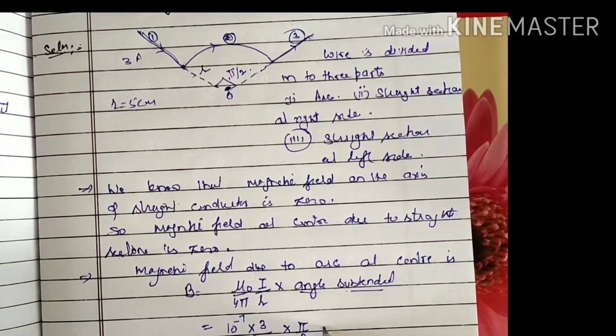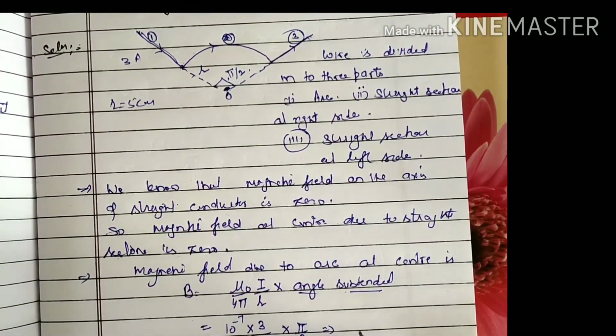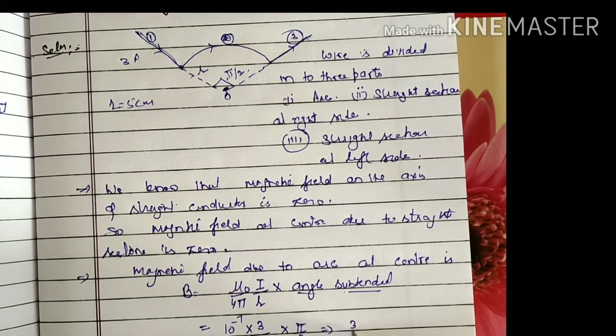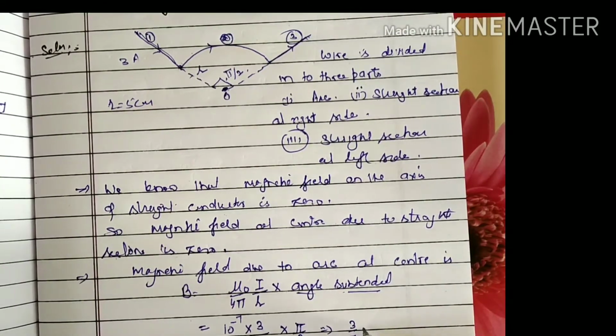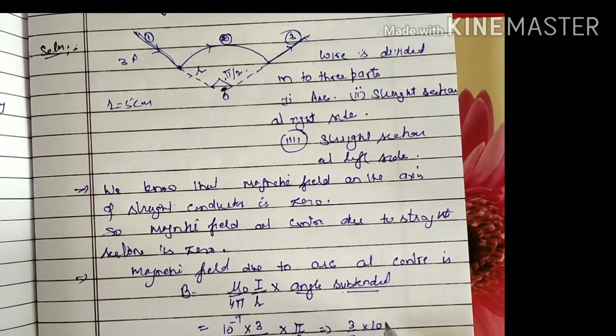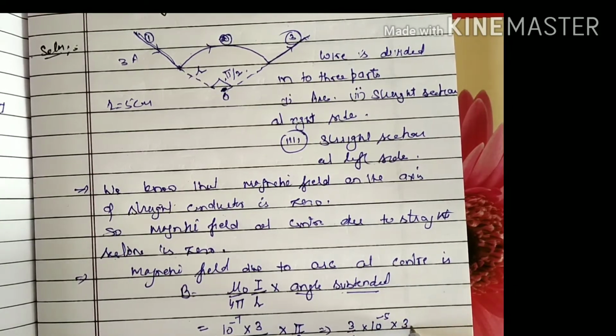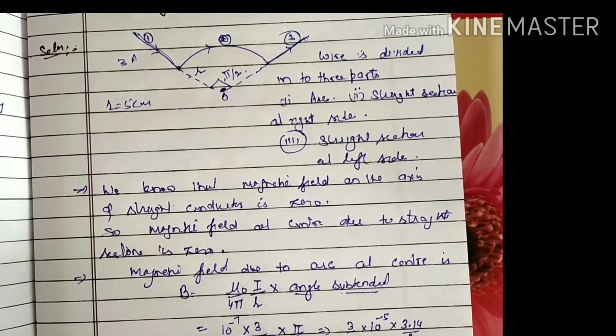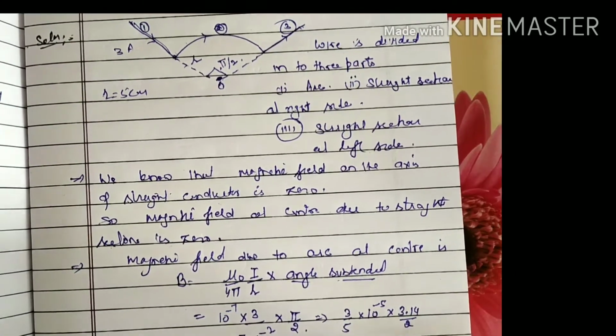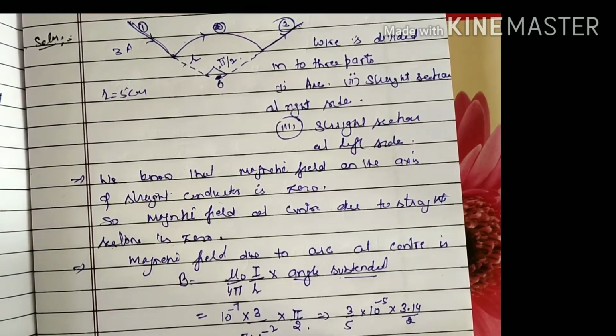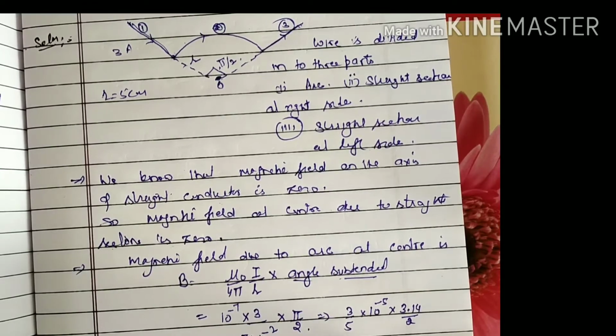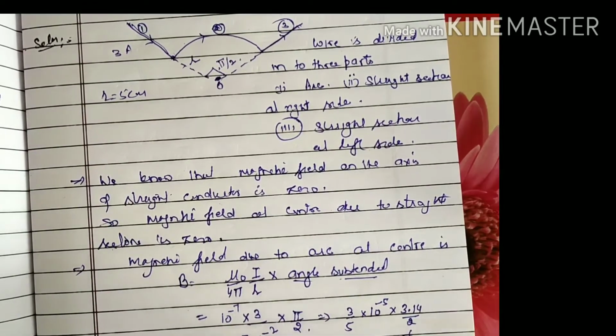So by solving this value we get 3 by 5 into 10 raised to power minus 5, into 3.14 divided by 2, and by solving this we will get the answer 9.426 into 10 raised to power minus 6 Tesla.